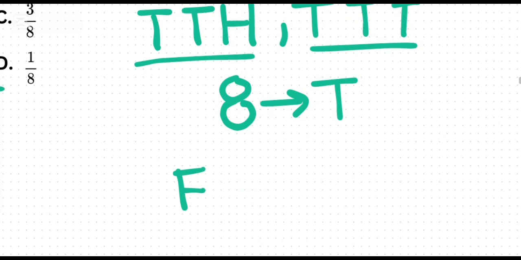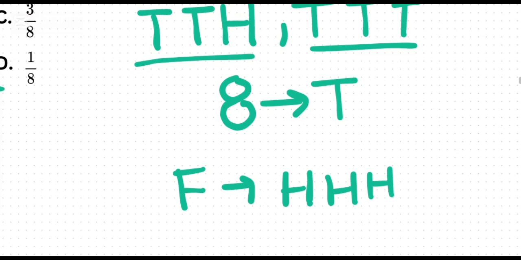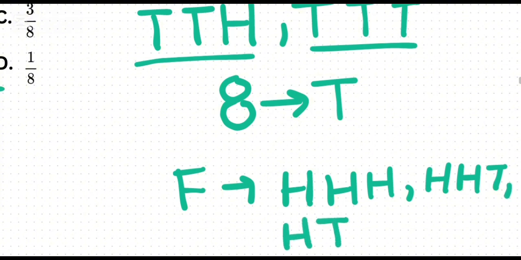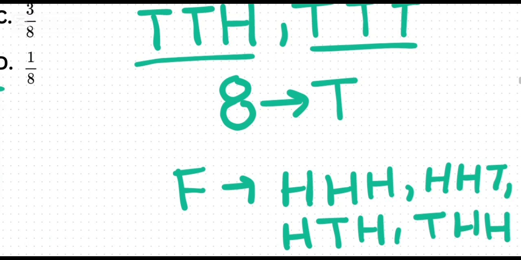So the outcomes with at least two heads are: head, head, head; head, head, tail; head, tail, head; tail, head, head, right?